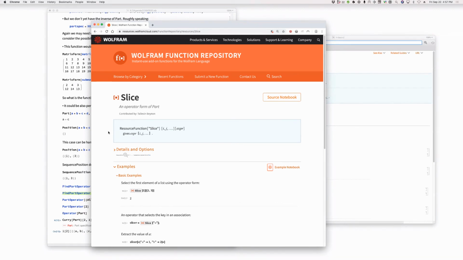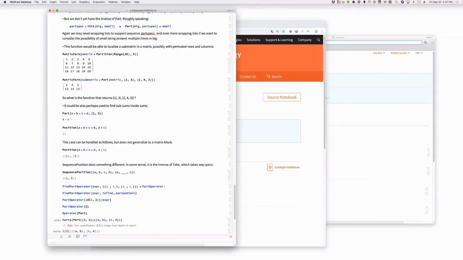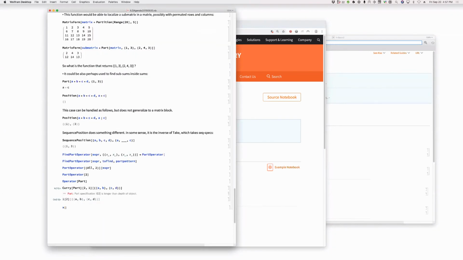In a perfect world, if one were to replay history, we probably would have made X double bracket AB turn into X part of. We'd probably say that goes to part of X, comma list AB. But that's not what we did.